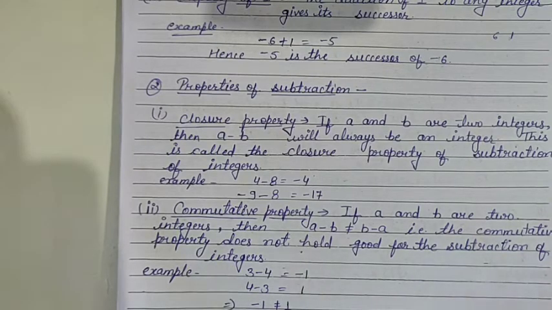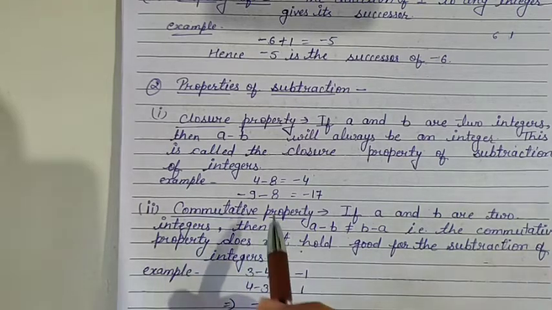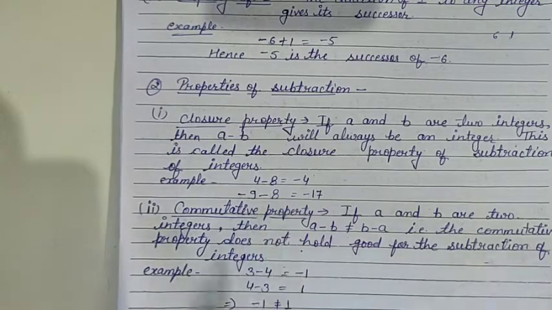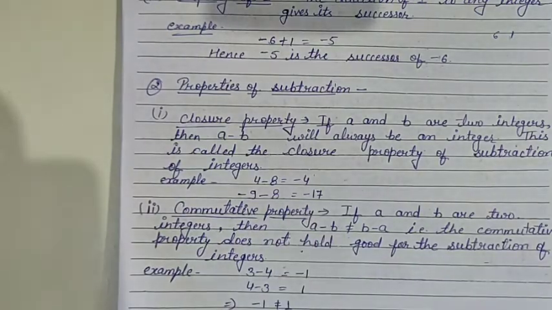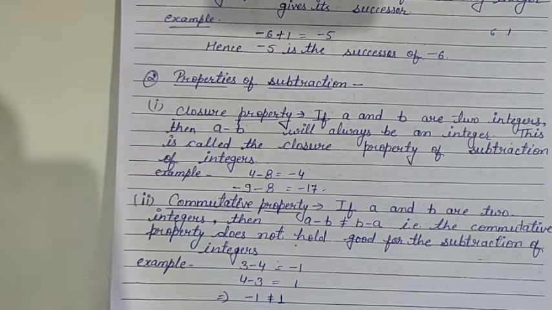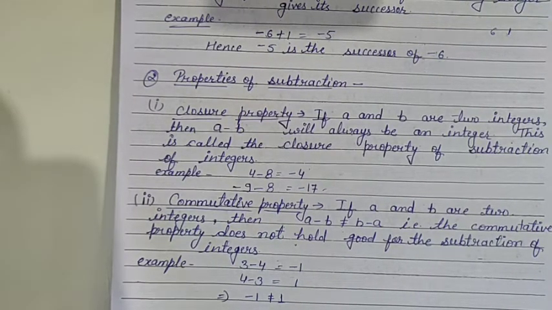So integers are closed under subtraction. And when we subtract 8 from minus 9, we get minus 17. That is also an integer. So integers are closed under subtraction. This is the closure property for subtraction.